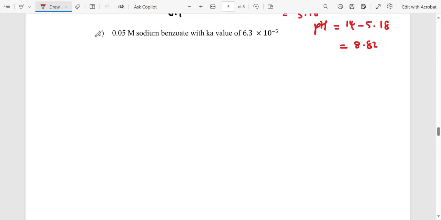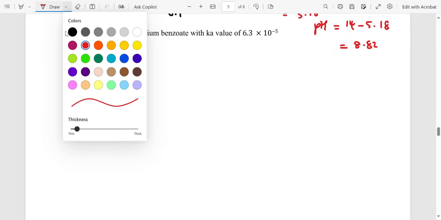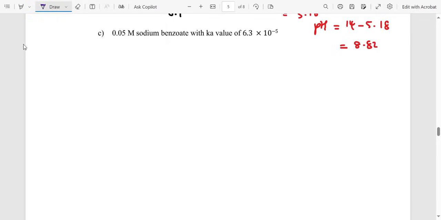For the next question, we have got 0.05 molar sodium benzoate with a Ka value of 6.3. So sodium benzoate, if you hear something that ends like that, we have got structures that we call esters.